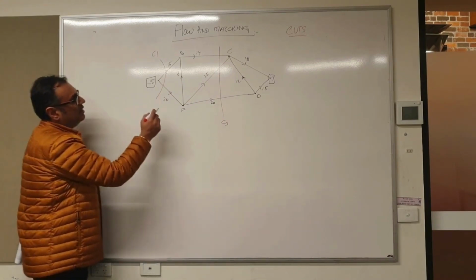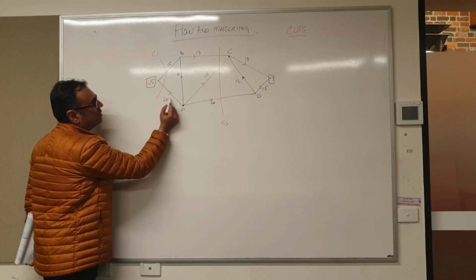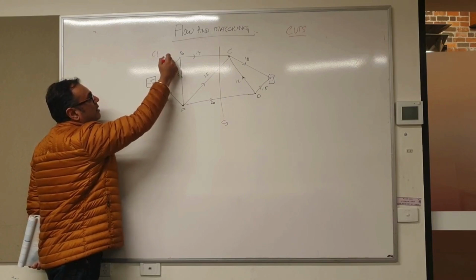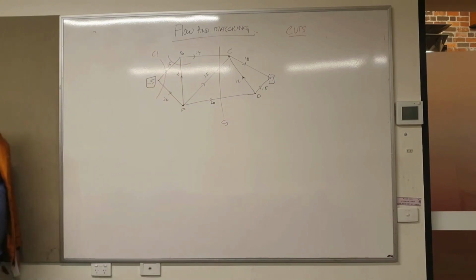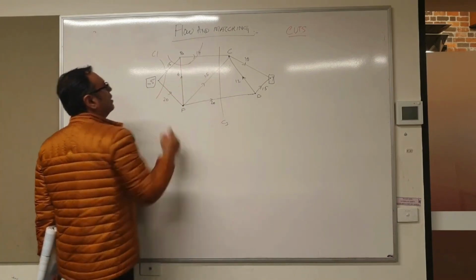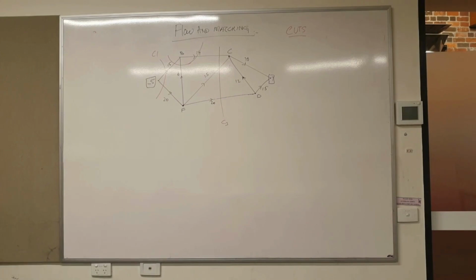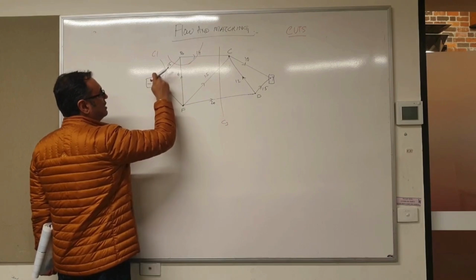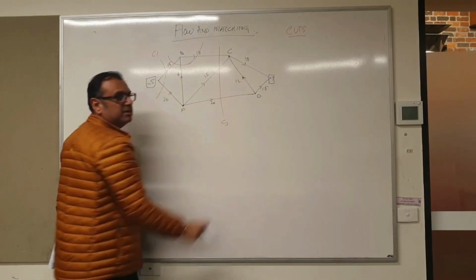If I make a cut like this, do you think this cut will stop the flow of the water completely? If this was the flow of the water, water cannot go in this direction, but then water can still flow from here back here, right?